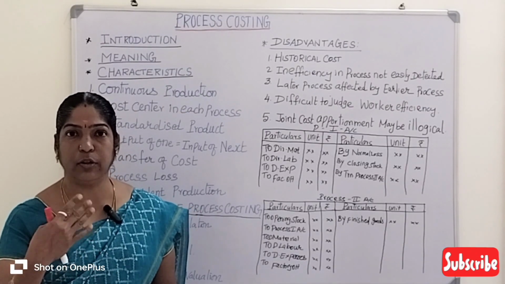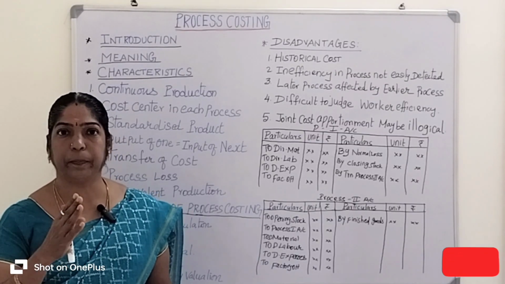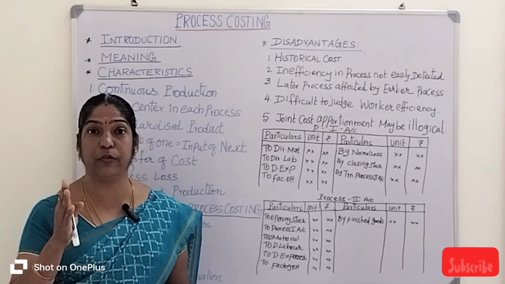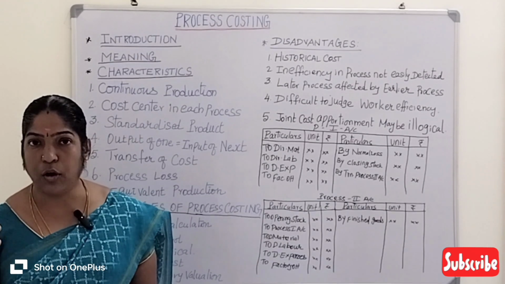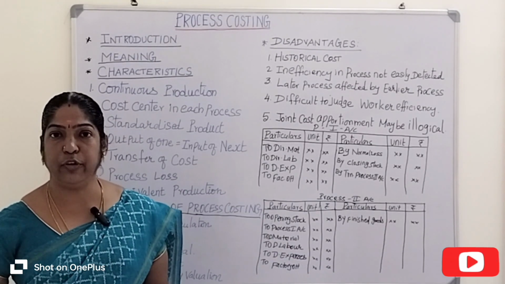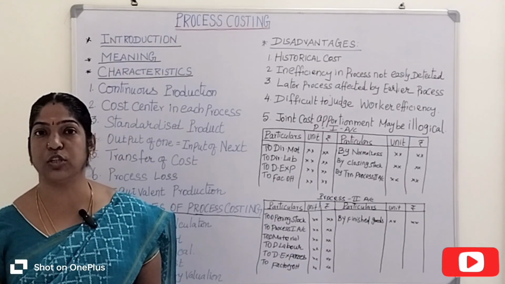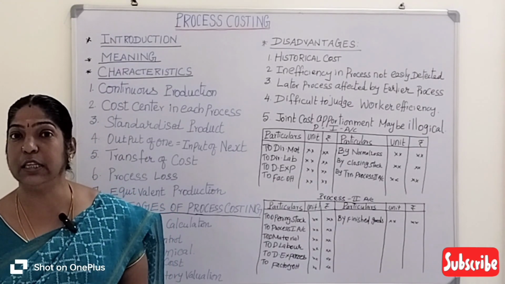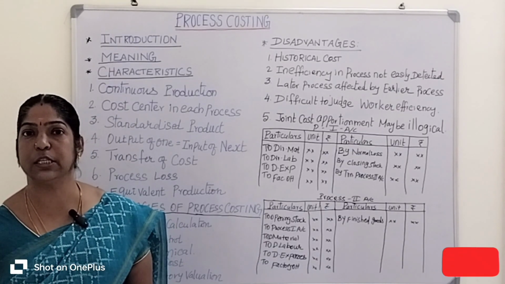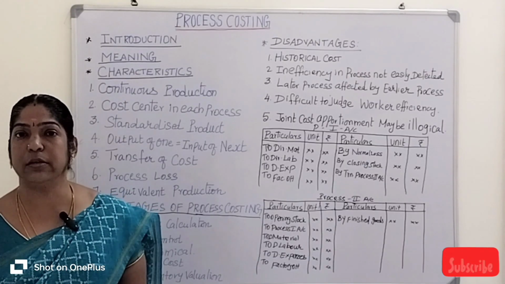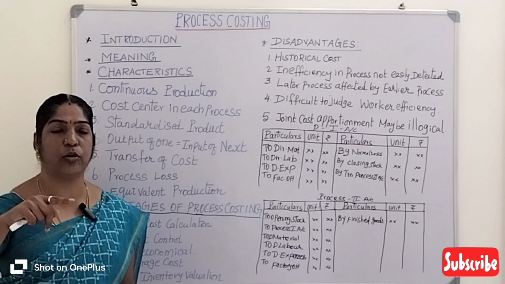In the first process of the soap manufacturing company we have semi-finished soap. What is the total cost? 10,000 rupees. At the end of the first process, we spent 10,000 rupees in total.